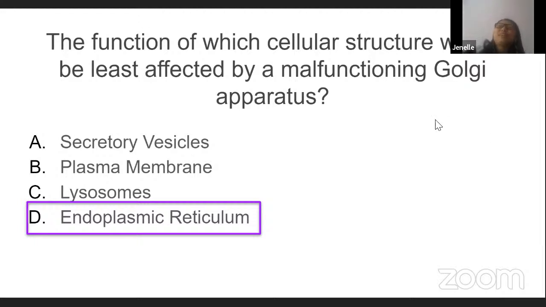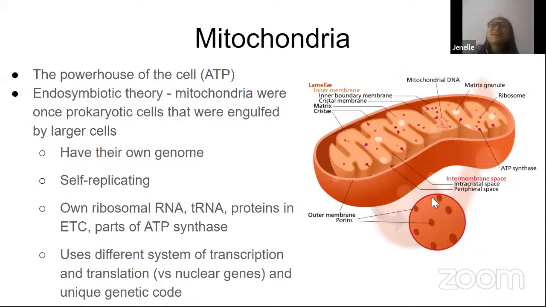So now we are going to move on to the next organelle, the mitochondria, also known as the powerhouse of the cell because it's the main producer of ATP. And ATP is produced via cellular respiration.